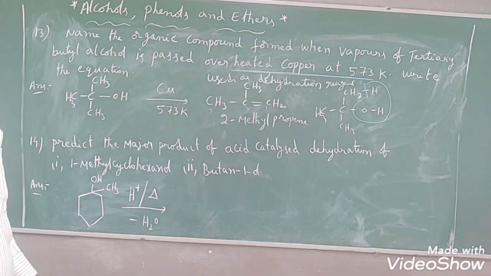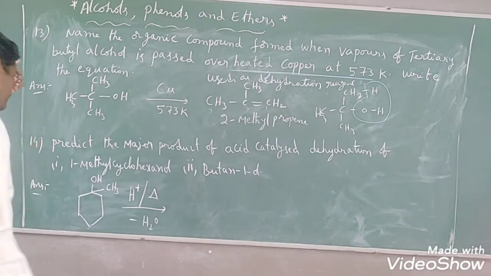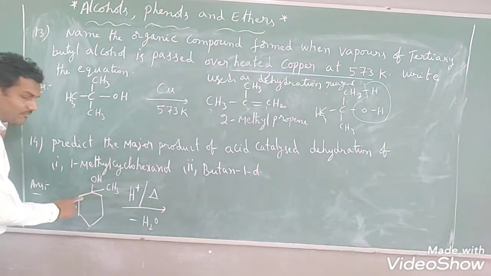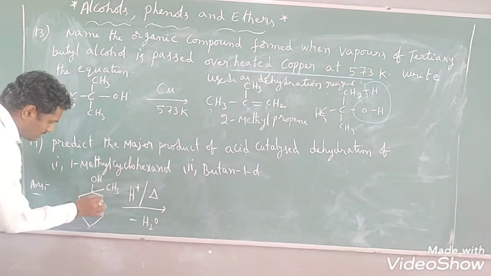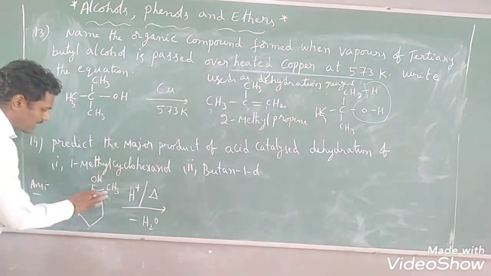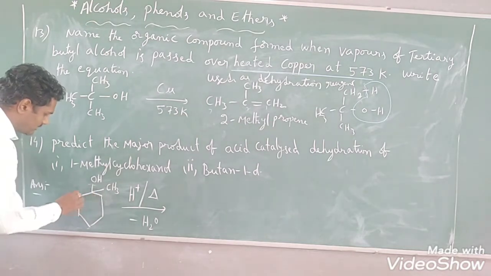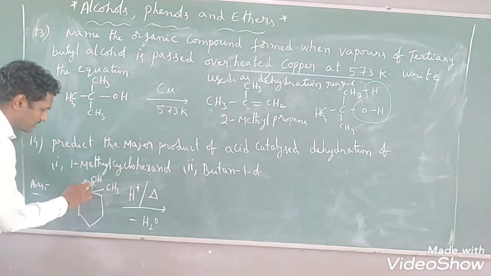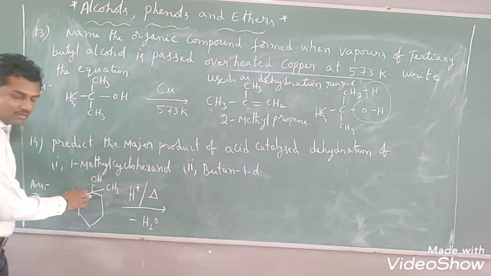The alcohol OH attached carbon is the alpha carbon. From beta carbon, H will be removed either from this side or from this side. Now you take H from here. One of the hydrogens here, one of the OH, or else this side also you can take, that is your wish, any beta carbon.